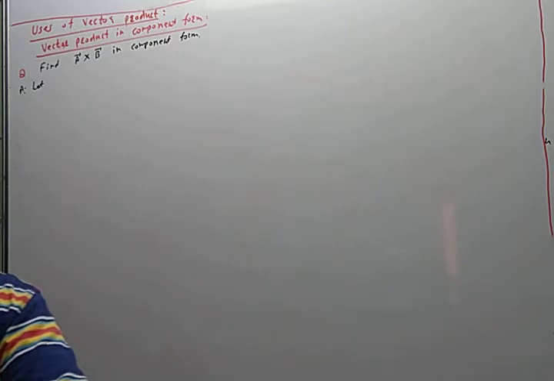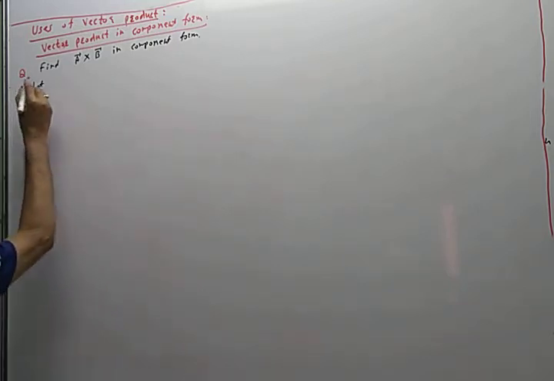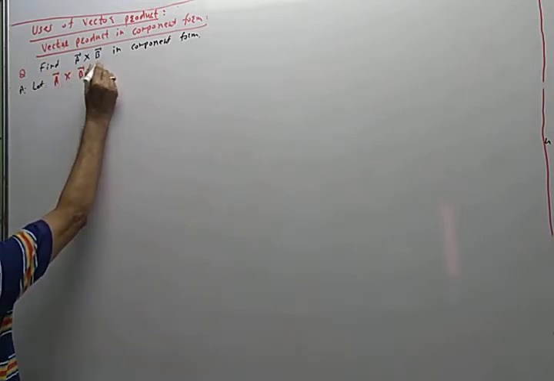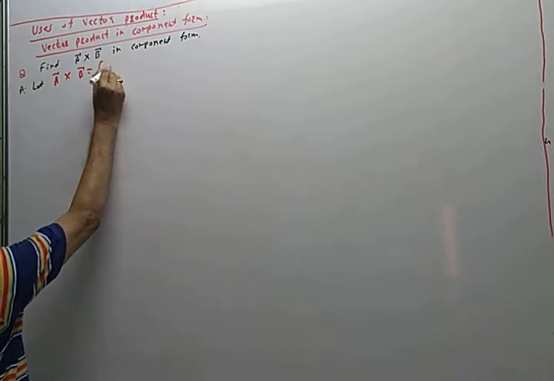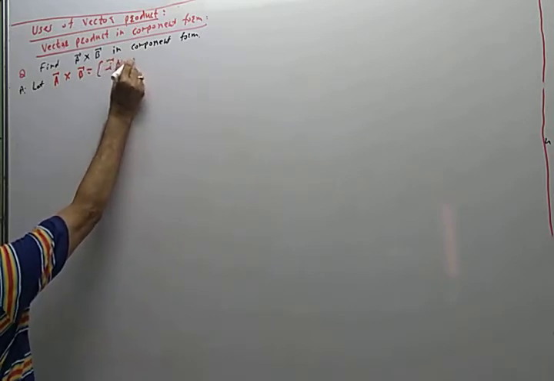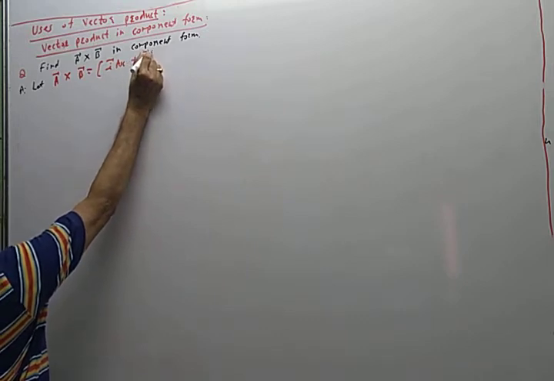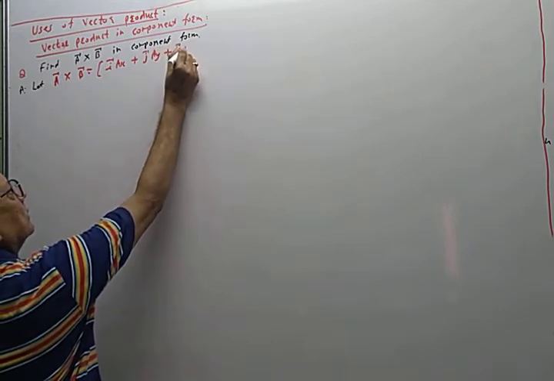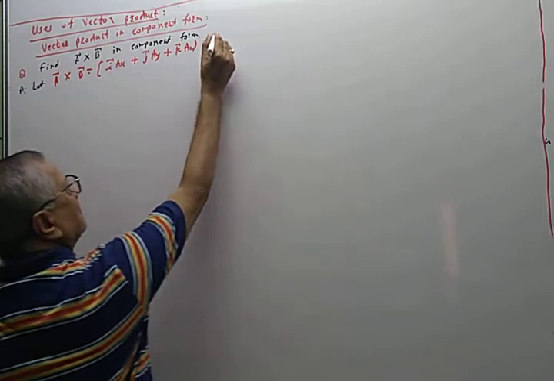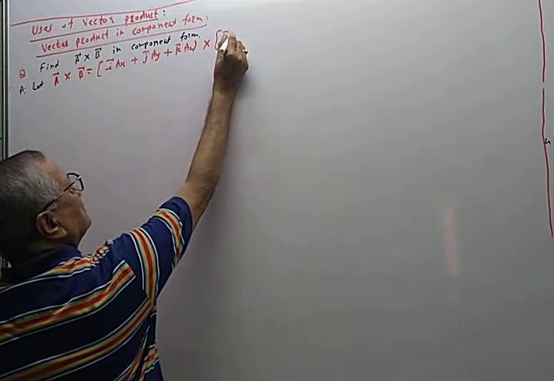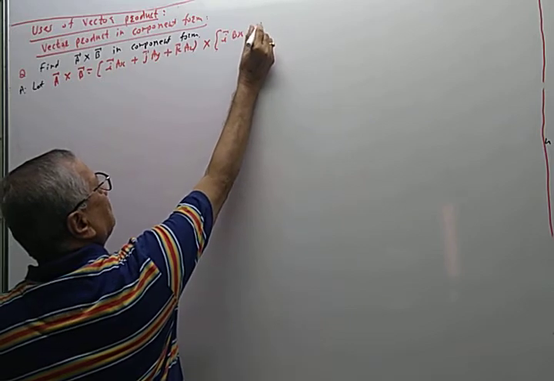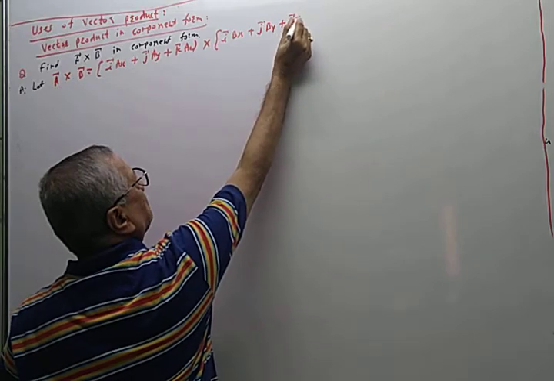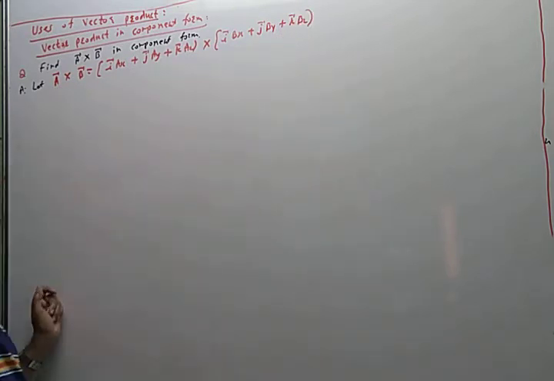We'll assume the two vectors in component form like this. Let vector A cross vector B be equal to, the first bracket is for vector A, unit vector i times x component plus unit vector j times y component plus unit vector k times z component, cross unit vector i times x component plus unit vector j times y component plus unit vector k times z component, like this.